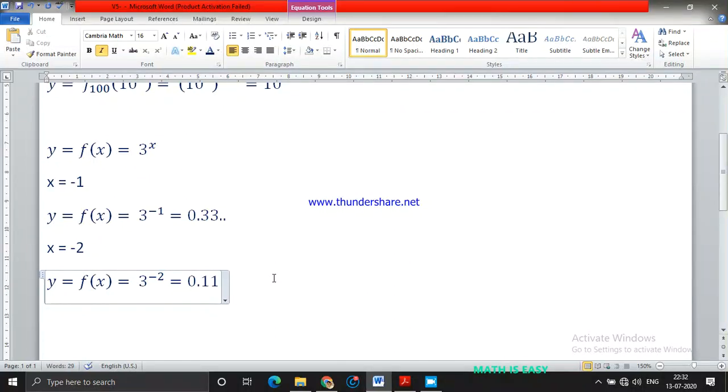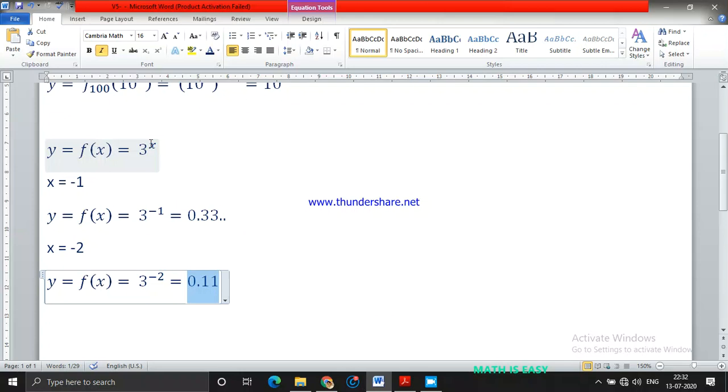Okay. So which one is bigger, 0.33 or 0.11? 0.33 is bigger, right? So hence, even if I take 3 to the power minus 3, that is 1 by 27. 1 by 27 is 0.03. Even it is going smaller.